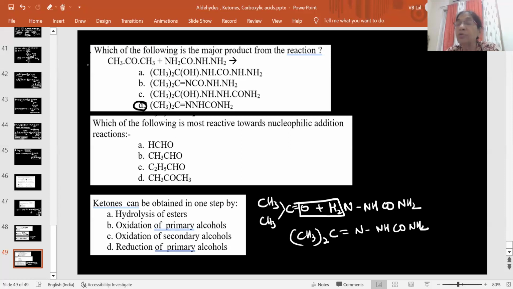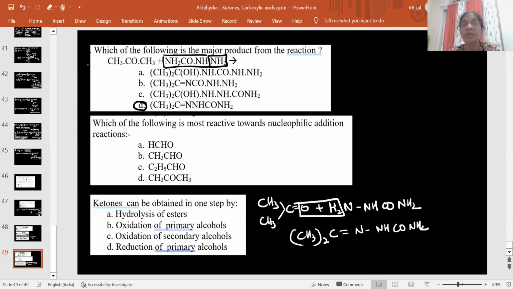Now the trickiness of this question is that there are NH2 here and NH2 here. You have to look at which NH2 will give the hydrogen. This is the G which is attached to that NH2.